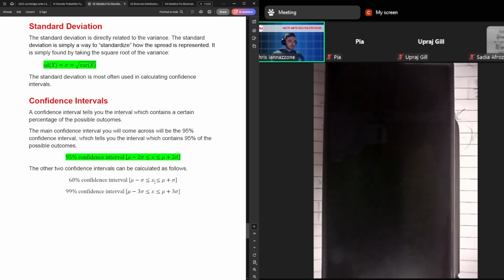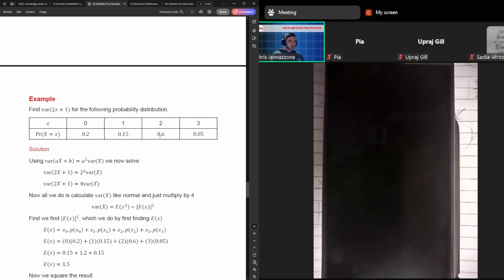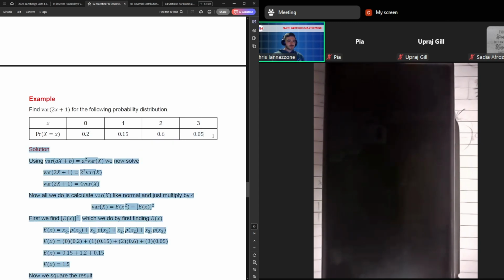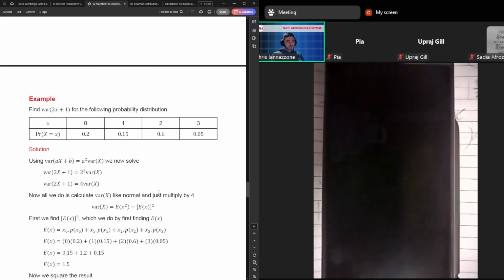So if we look at this table here, this is going to have pretty low variance because the bulk of the probability is centered at x equals 2, right? Very little over here, and from there everything's getting a little bit. Versus if these were all like 50-50 split, if it was all like 0.25s across the board, well, then you're going to have pretty high variance because a lot of the probability is spread across the distribution.